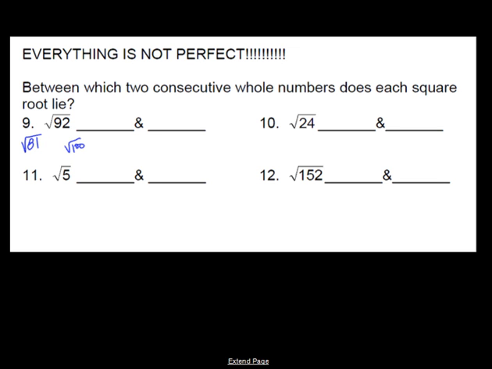So it is in between 81 and 100, so therefore it is between 9 and 10. And the square root of 24. Well, that one's bigger than the square root of 16, but it is smaller than the square root of 25. So therefore, the square root of 24 is somewhere between 4 and 5.